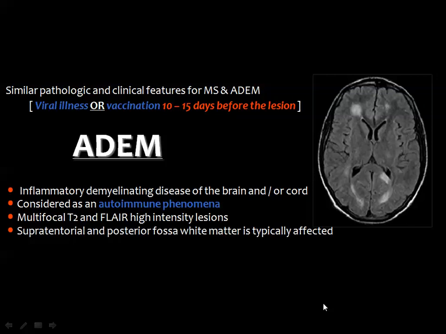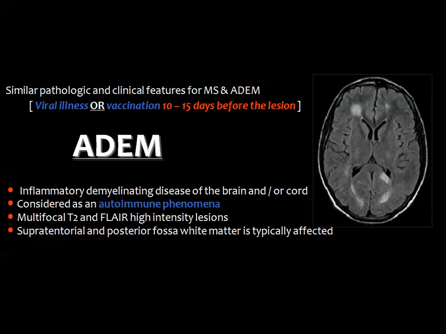Then we came to the inflammatory white matter lesions, and here we would like to discuss the ADEM, or the acute demyelinating encephalomyelitis, which has been discussed many times before when we talked about intracranial infection in adults and intracranial infections in the pediatric age group.